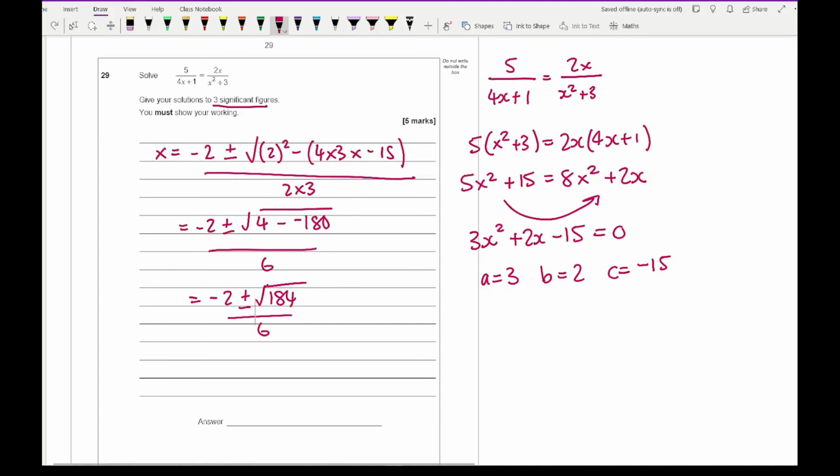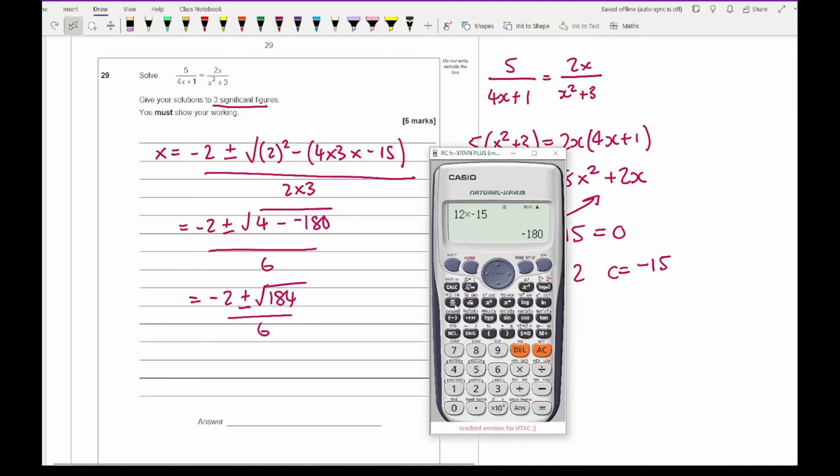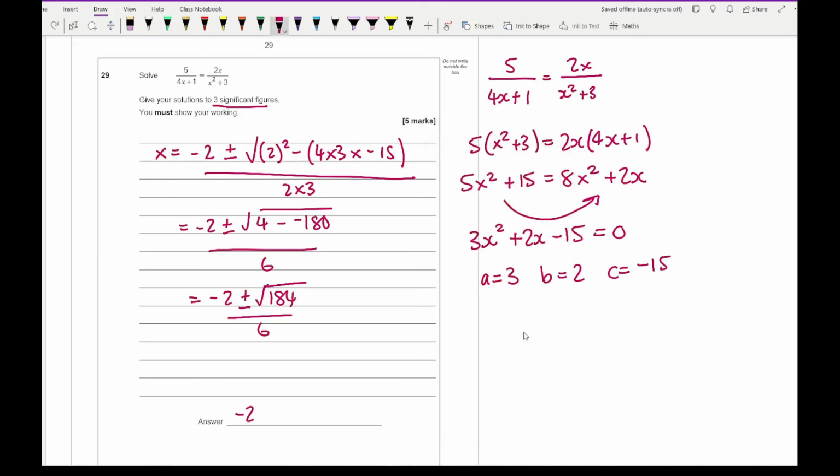So then looking at this, if I type just that, so starting off with the minus, I get minus 2 minus root 184 over 6. So one of my answers is minus 2.59.